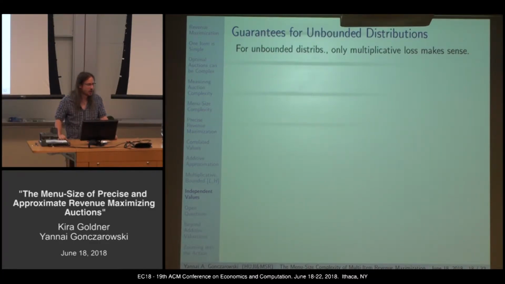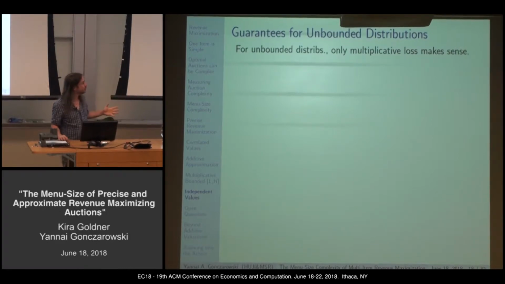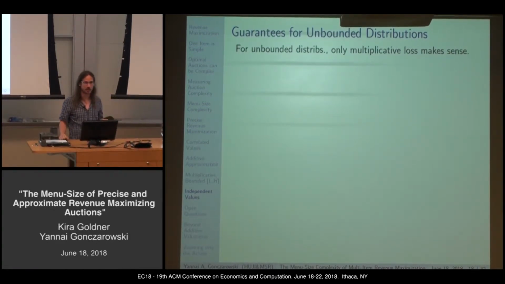Because if I guarantee that I can lose at most an additive epsilon when all distributions are unbounded, you can scale the currency so that my guarantee is that I can lose at most epsilon over 10 or epsilon over 1000, which basically means that an epsilon additive loss guarantee is equivalent to a precise revenue maximization guarantee. So for unbounded distributions, the only kind of loss that makes sense is saying I want a so-and-so fraction of the optimal revenue.